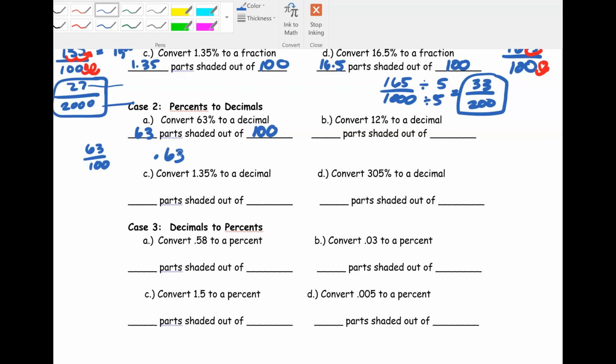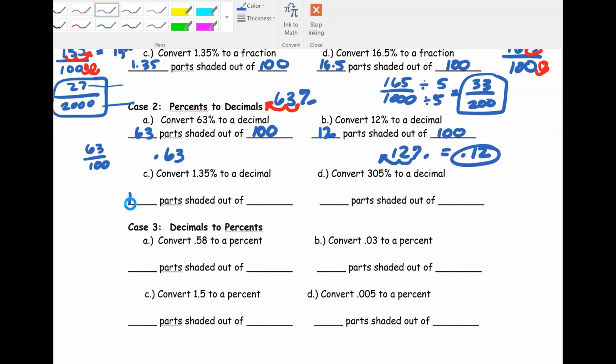The other thing that you can do is remember the rule that when you have a percentage, if you want to convert to a decimal, all you have to do is take the decimal place, which is at the end of the number if you don't see it, and move it 2 spots left to give you 0.63. So 12% would be 12 parts shaded out of 100, and then you can move that decimal 2 spots left for 0.12.